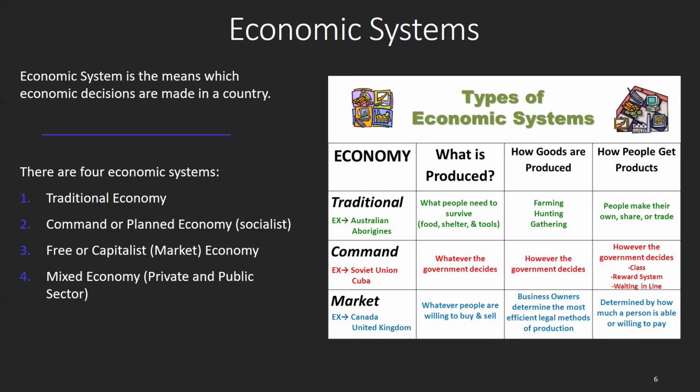The government decides for whom to produce, and the government decides how they are going to produce it. So they might decide, here, you want goods? No matter who you are, you gotta line up and get the goods. Or they might have certain classes and say, well, these sets of classes will get this good. This other class will get this good. And so forth. It's up to them to decide how they do it.